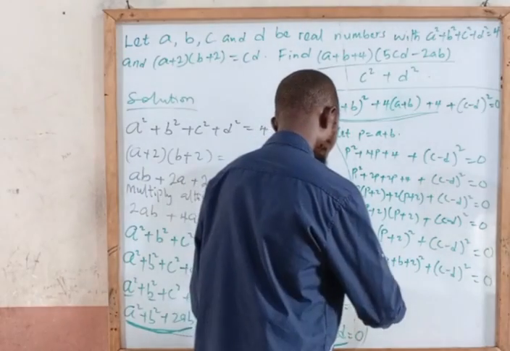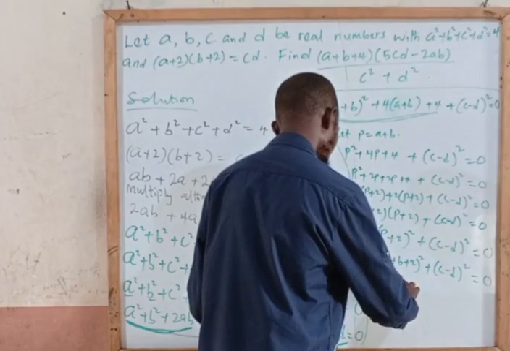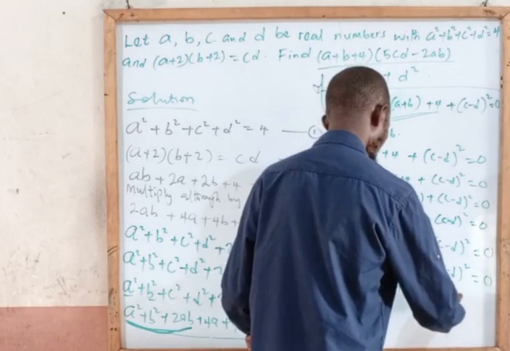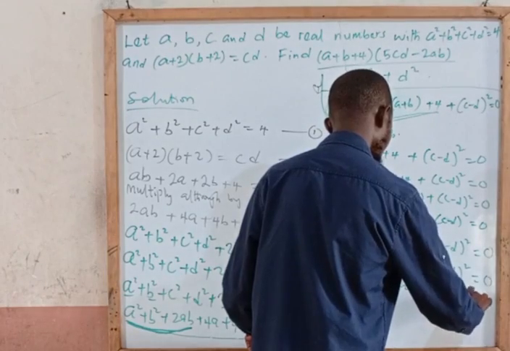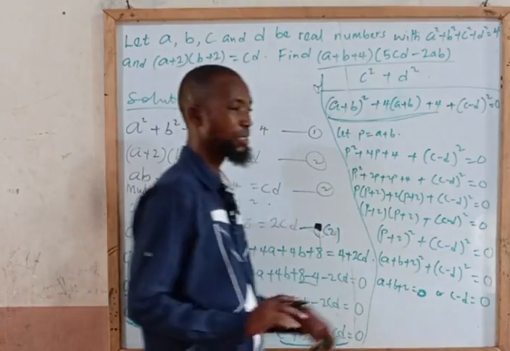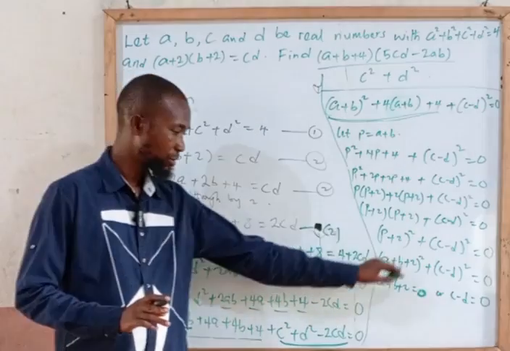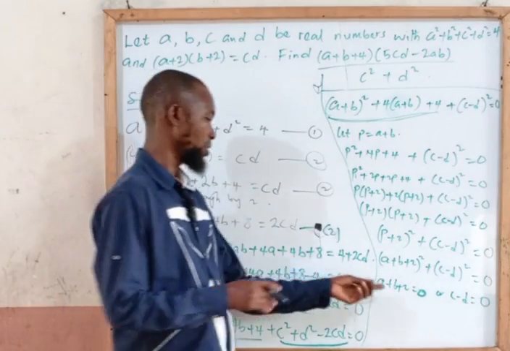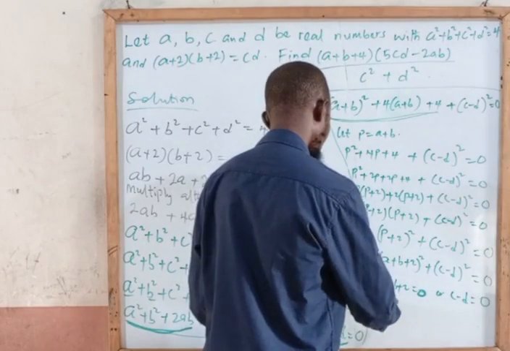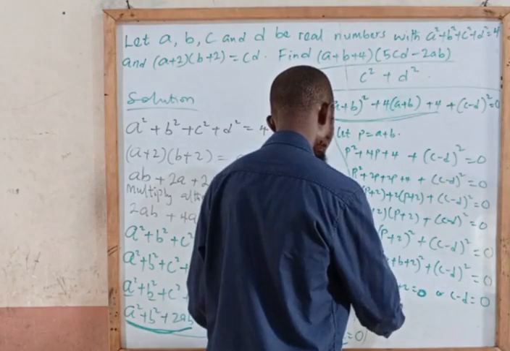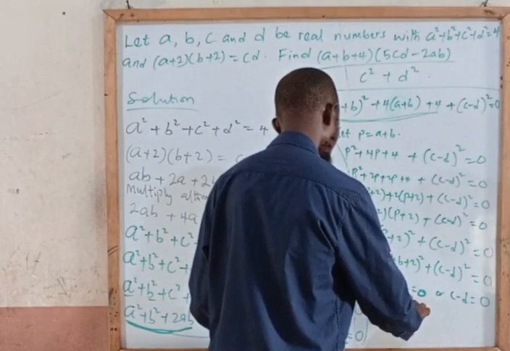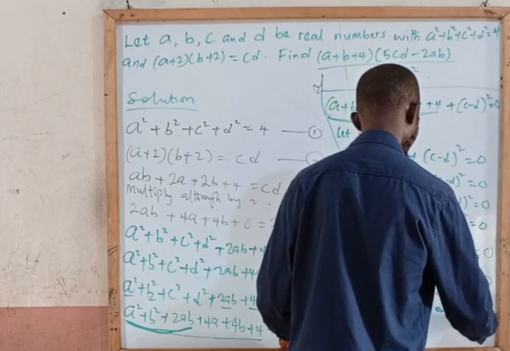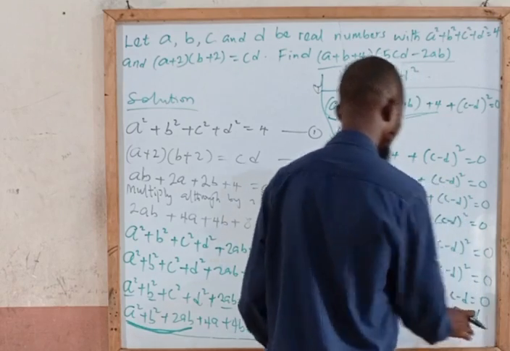So in that case, a plus b plus 2 is equal to 0, and c minus d is equal to 0. We have used this interpretation many times. This is the same thing as saying a plus b is equal to minus 2, and c is equal to d.